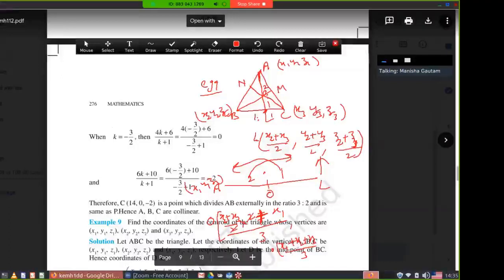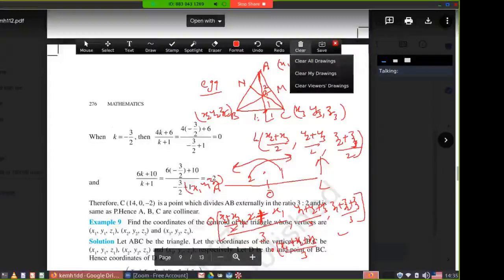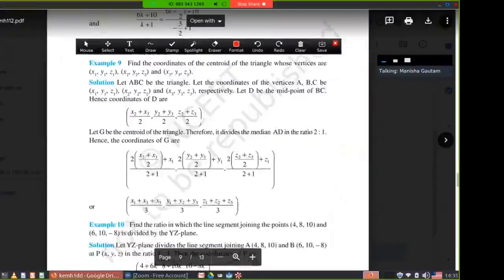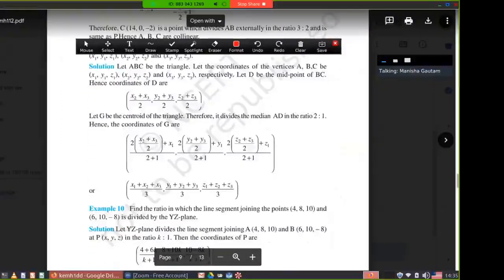And the second one, you will get y1 plus y2 plus y3 upon 3, and z1 plus z2 plus z3 upon 3. These are the coordinates of the centroid, that is O. You can do it. Here I have used both the midpoint formula and the section formula. Let's move further. You can solve this question now. That was example number 9. Now example number 10.